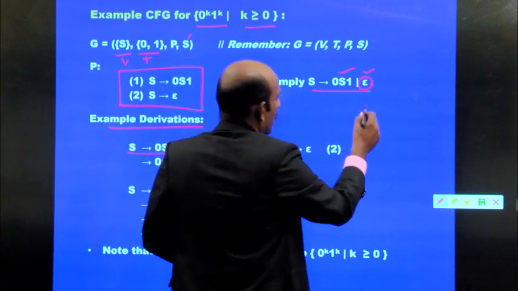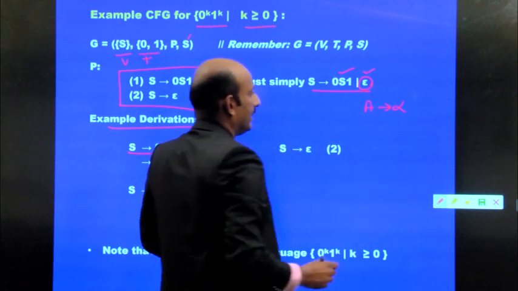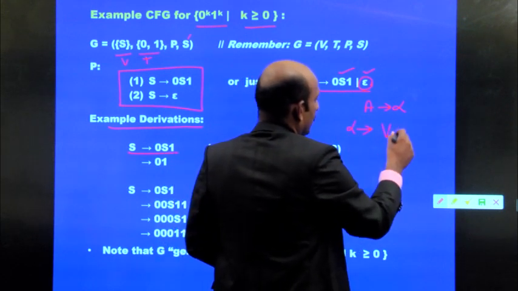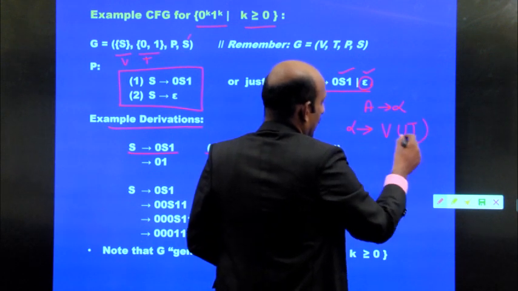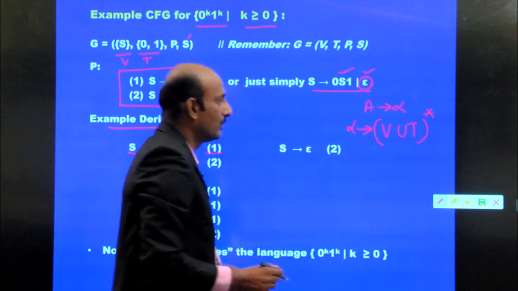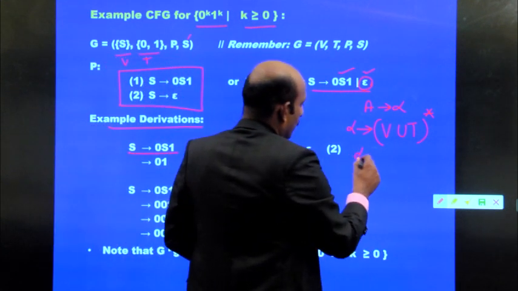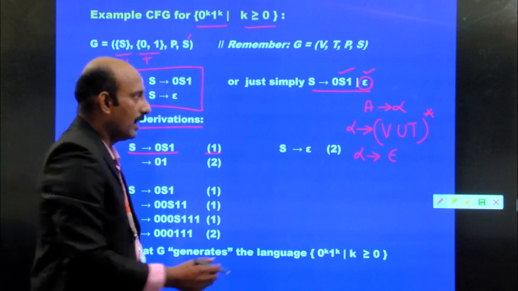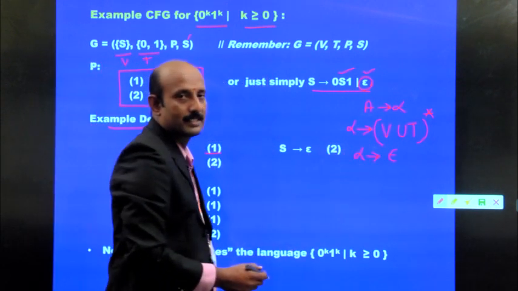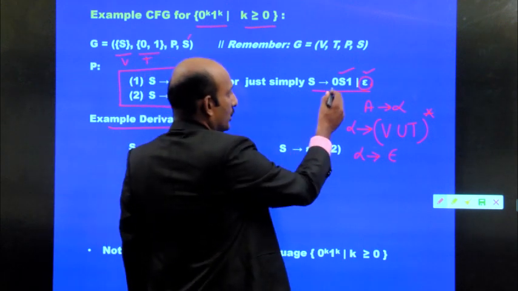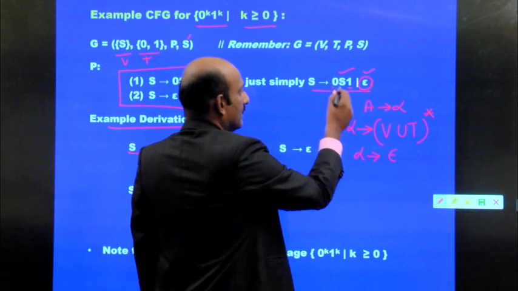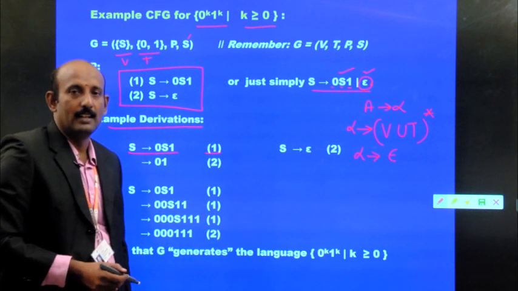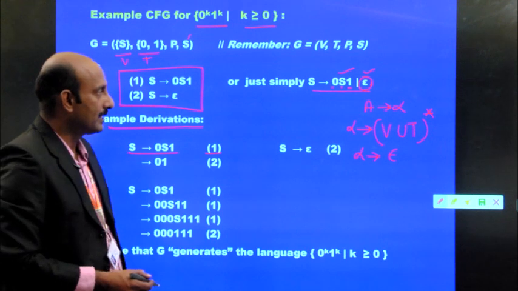This is in the form A gives alpha, where alpha, as per the rule, is in (variable union terminal) star, and alpha may also be epsilon. It is a combination of 0 and 1, which are terminals, and S, a variable written in uppercase, that is a non-terminal.